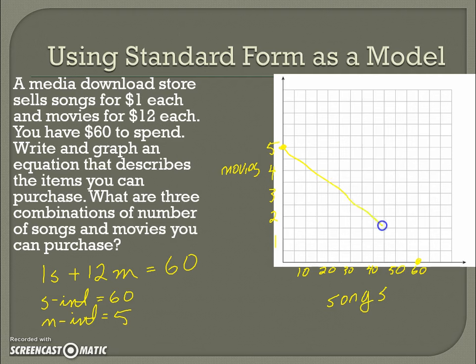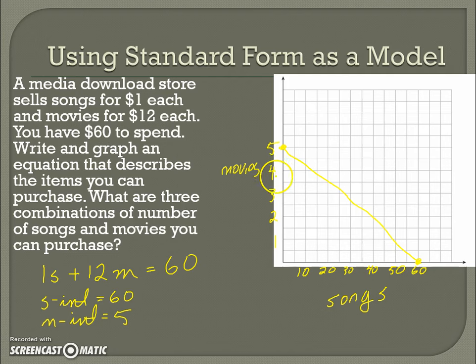Now, if you had a straight edge, what you're interested in is where it says, what are 3 combinations of number of songs and movies you could purchase? You're interested in when this crosses this line perfectly. Okay, so that is the different things that you're interested in, and really it should cross kind of perfectly around these 4s.